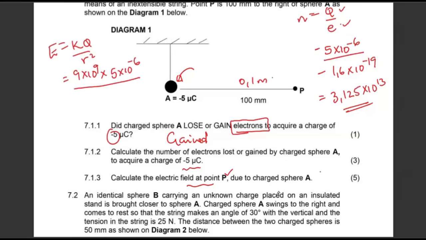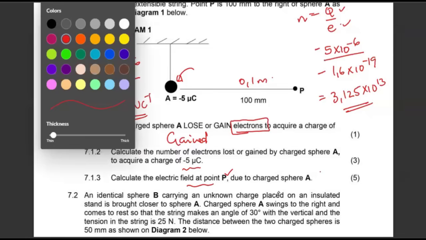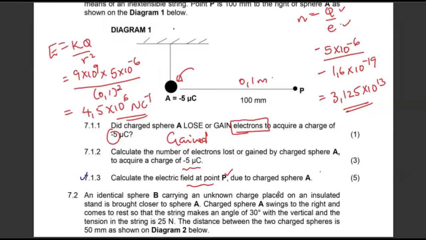You're dividing it by the distance, which we said was 0.1 squared. Simplifying this, I'm getting 4.5 times 10 to the 6 newtons per coulomb. So that is how we would have gone about 7.1.3.